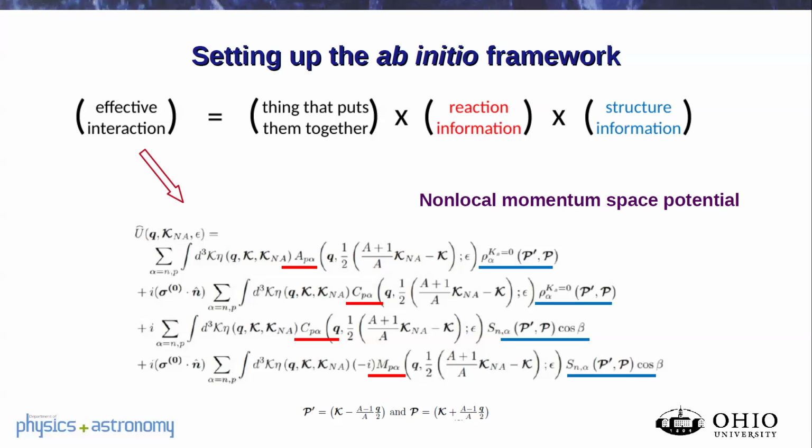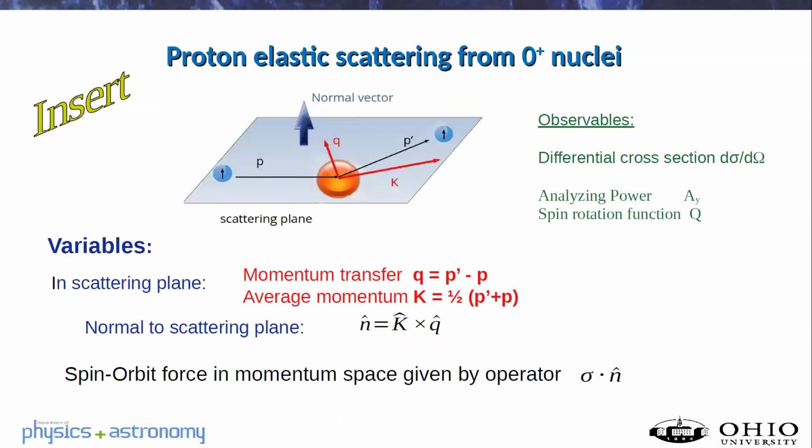And so once we're done with that, and I want to stop formulas now, I wanted to give you some idea of what all enters. And now let me give an insert here for those who are not most familiar with scattering calculations. If you scatter a particle from a target, you have the scattering plane, which is spanned by the momenta p and p prime.